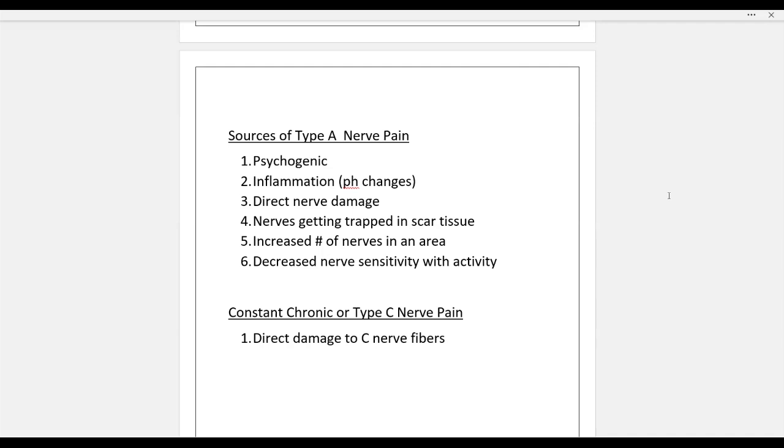Very little to none, so they typically won't. Now, again, this will depend on the number of nerves that are trapped. If there are a lot of nerves trapped, it's not going to take as much movement, even though there's not much compressive or tensile force. So there are several variables we're paying attention to.